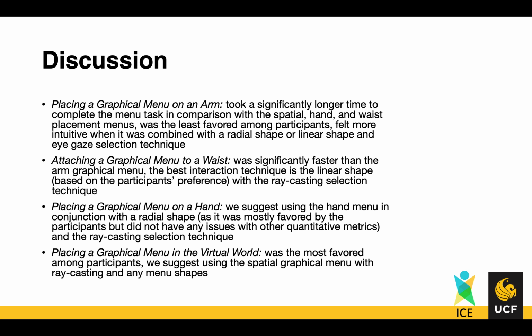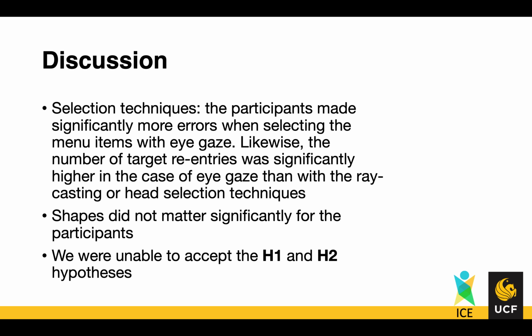And for the selection techniques, we found that participants made significantly more errors when selecting the menu items with eye gaze. We think that this is primarily because eye tracking technology is highly sensitive to eye movement, making the user accidentally select the wrong menu items.